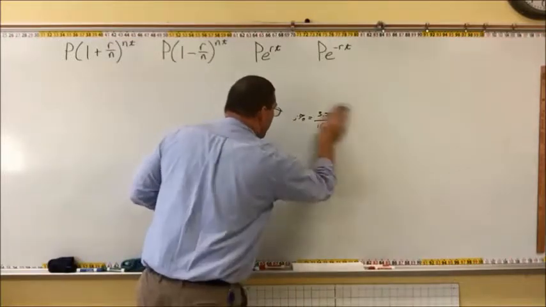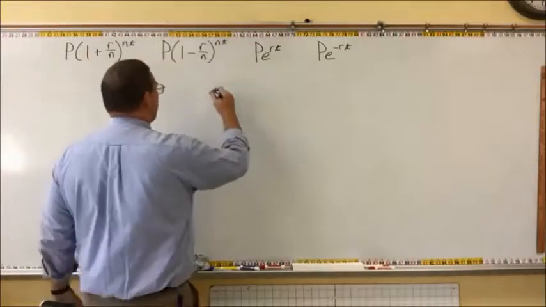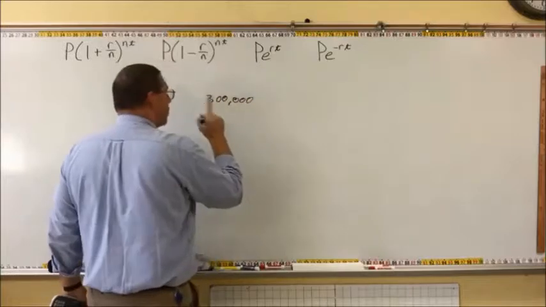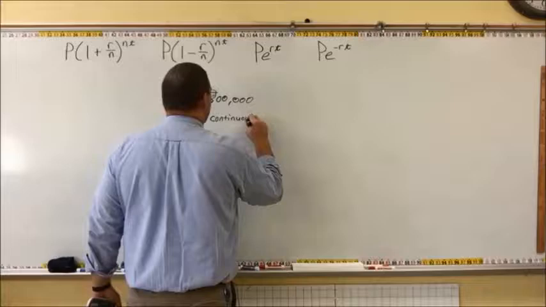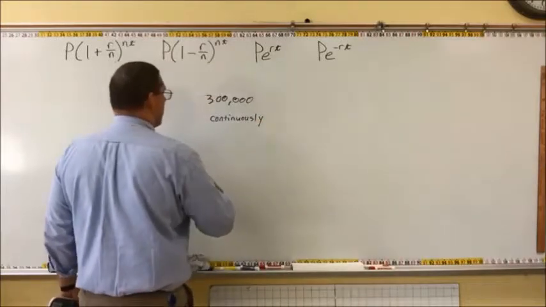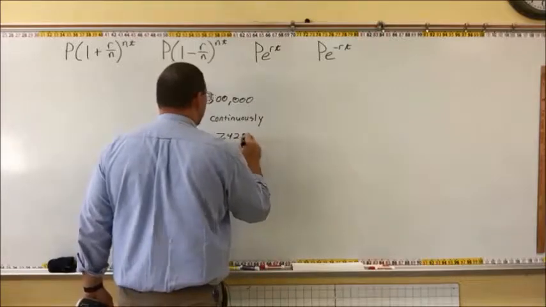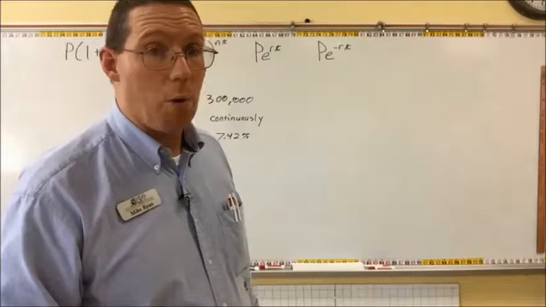All right, let's say that there is a population of something, and let's say that there are 300,000 of them. And they are dying continuously. Dying continuously at the rate of 7.42% per hour.